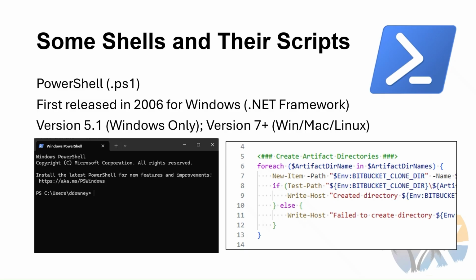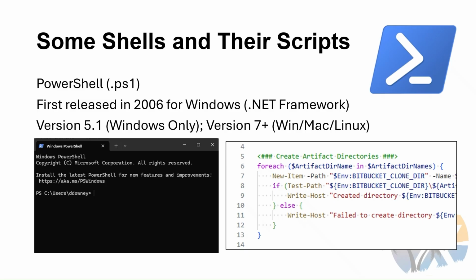One thing I'll point out is that sometimes you'll be using PowerShell version 5.1 and sometimes version 7 plus. PowerShell used to be Windows only, and version 5.1 was the last Windows-only version. Version 7 plus is when PowerShell became cross-platform, so it now works on Windows, Mac, and Linux.